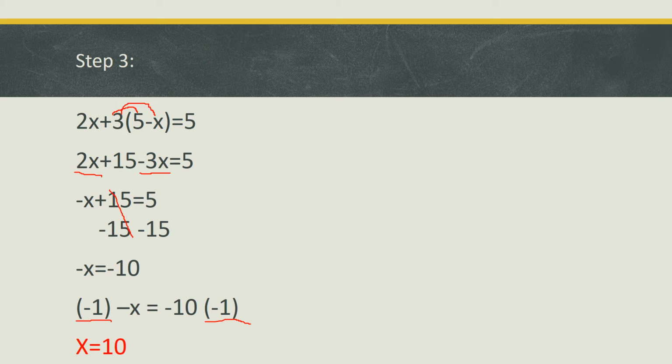Because when you multiply two negatives together, you get a positive, and anything times 1 is itself. So we get a positive x instead of a negative x. On the other side, we get a positive 10 the same way. So x is now equal to 10.